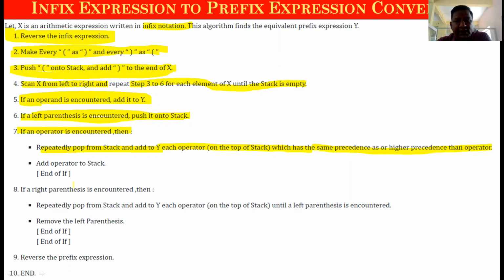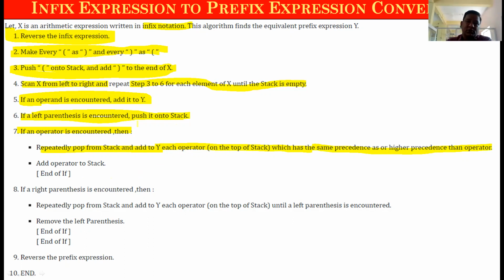This step has to be done repeatedly till all the operators having higher priority than the incoming operator are removed. Once we are done with all the operators having higher priority, we add them to the expression y, and then the incoming operator will be placed on the top of the stack.